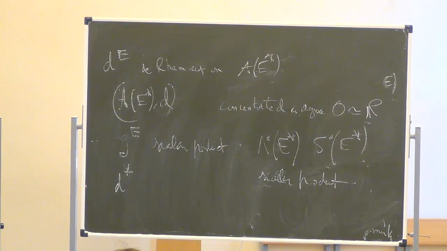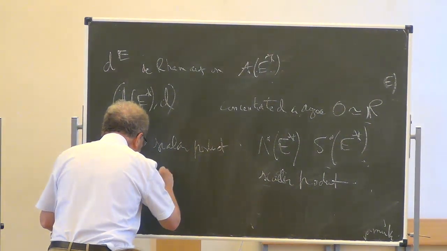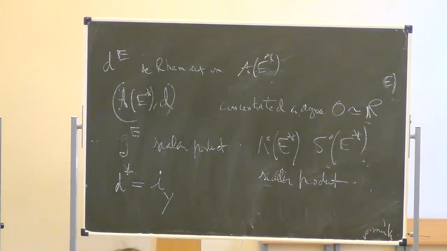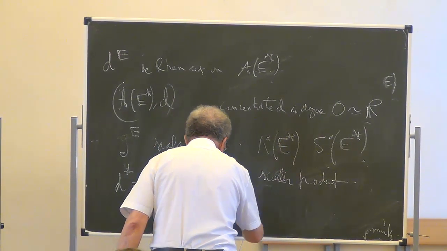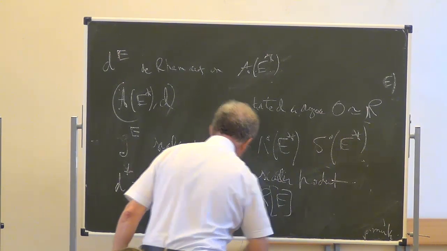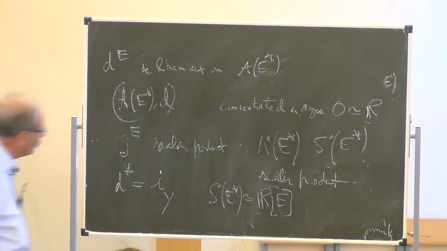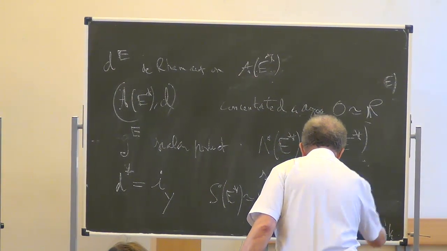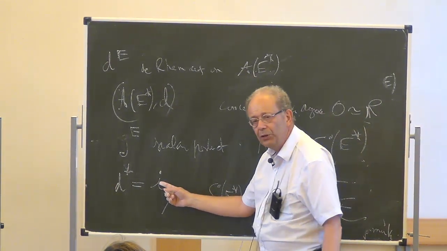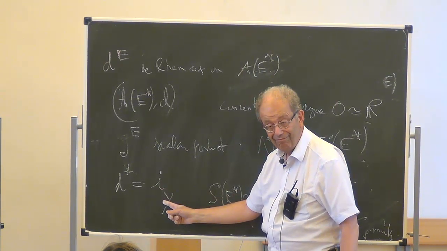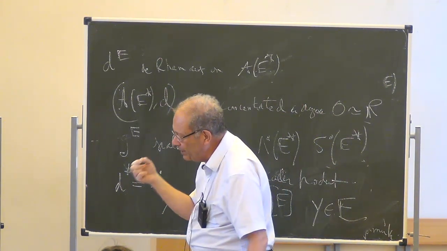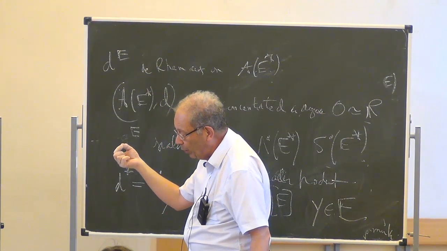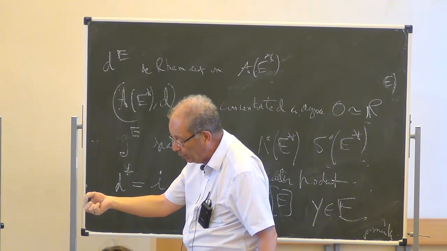And so what you find is that the adjoint of D is just actually the contraction by the canonical vector field Y. Okay, so maybe I should say that when I identify S of E star with the polynomials on E, there is then this canonical variable, which is Y in E. And so, actually, this is just a contraction by the vector field Y. Actually, the operator D increases the degree in the exterior algebra by 1 and decreases the degree in the polynomial algebra by 1.